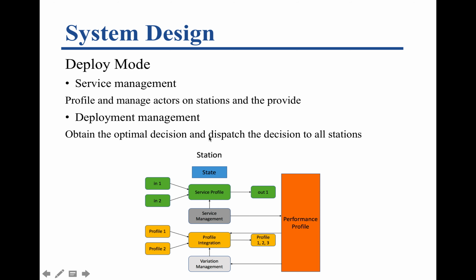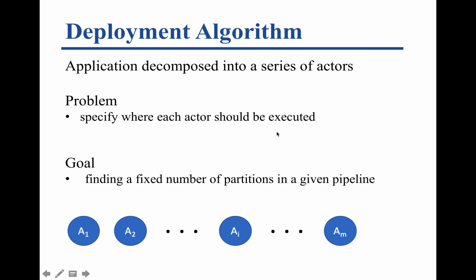So when each station finishes its service management, the deployment management starts to work to obtain the optimal decision with our deployment algorithm and dispatch the decision to all stations. Since the application is decomposed into a series of independent actors, the goal of our deployment algorithm is to specify where each actor should be executed.